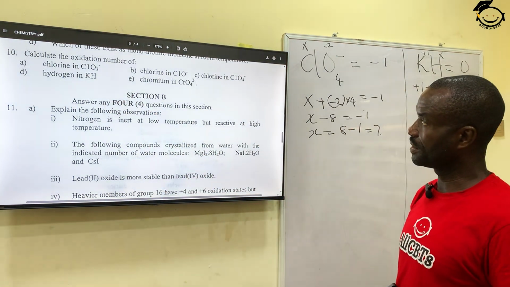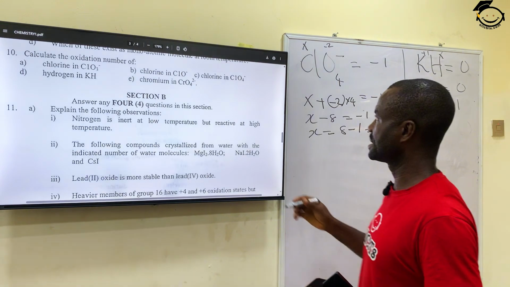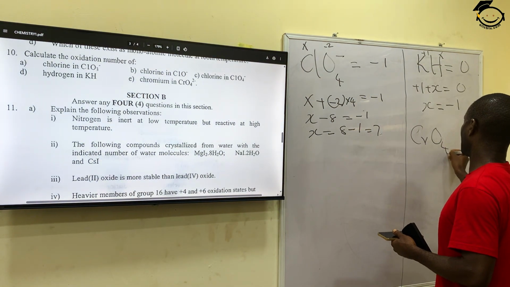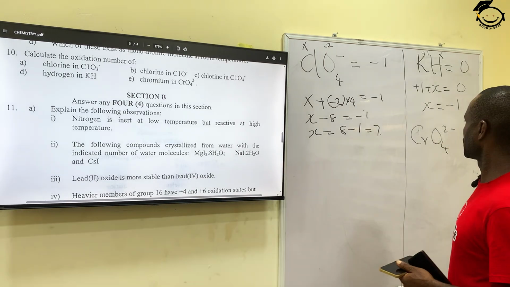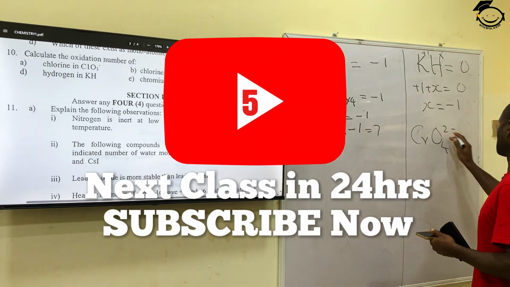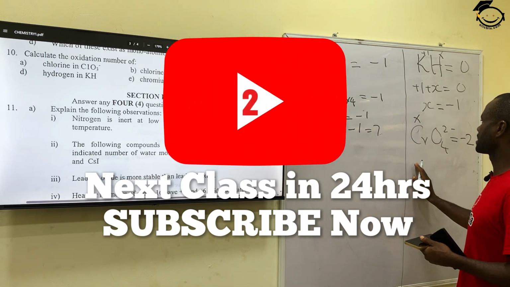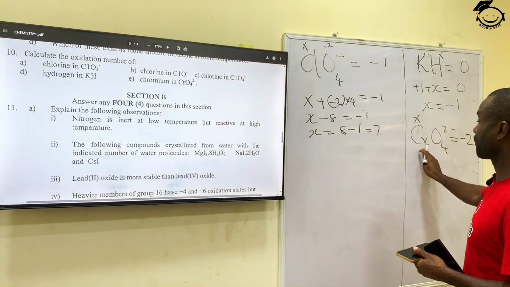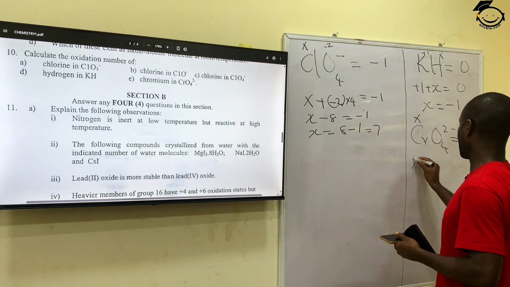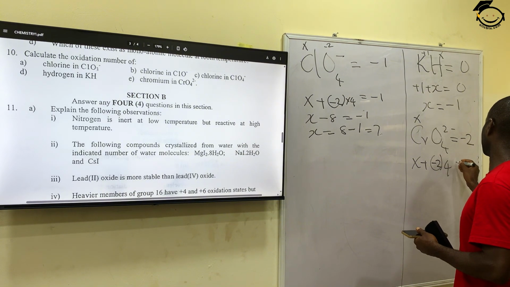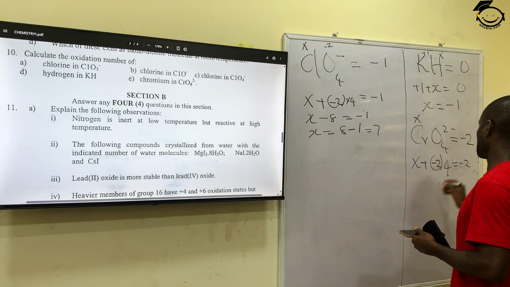So the oxidation number of hydrogen in this compound is minus 1. The last but not the least, chromium in CrO4 2 minus. To get the oxidation number, you equate the sum to minus 2. Let the oxidation number of chromium be X. So X plus minus 2, being the oxygen, times 4 equals minus 2.